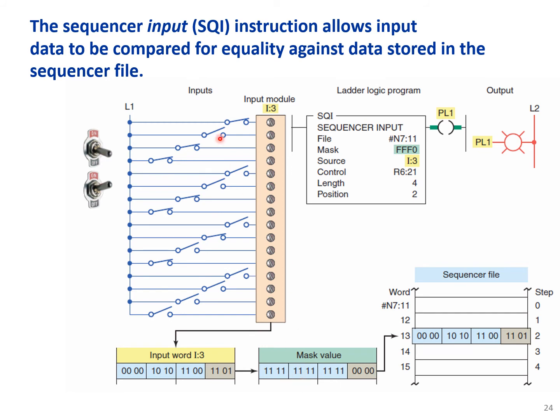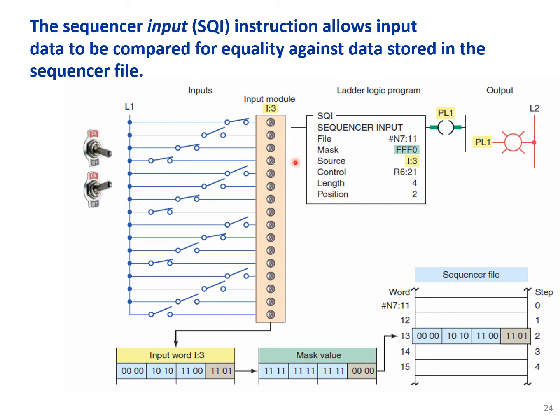So let's say we have a specific sequencer file at this address. And we have inputs.